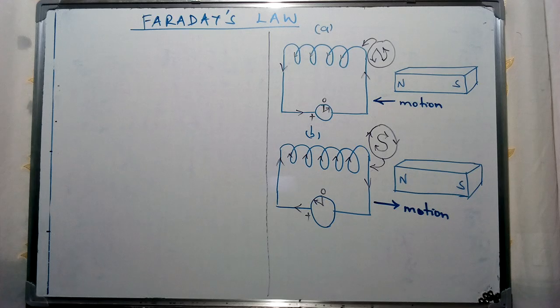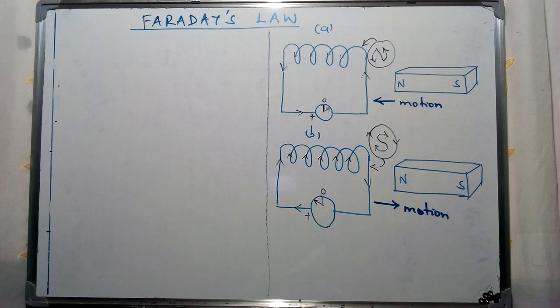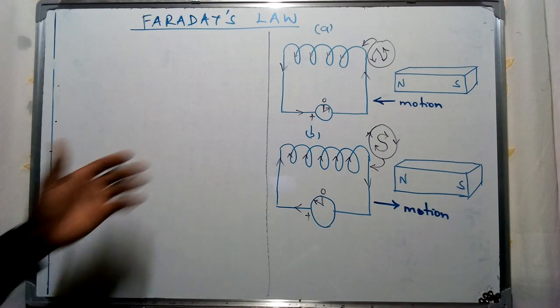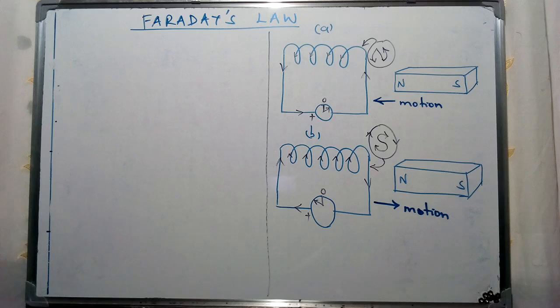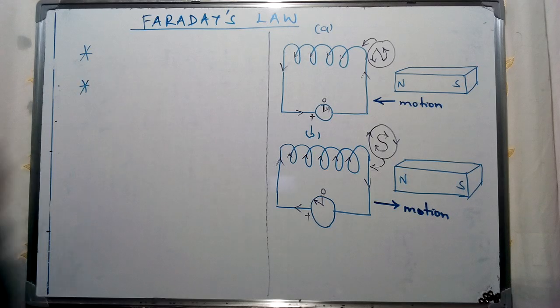Now, in our discussion today, I'm going to look at a result of experiments which were done. And this, of course, is going to summarize some of the laws which we are going to come across, especially on electromagnetic induction. These are going to be works credited to two specific individuals whom we're going to look at in this particular case.